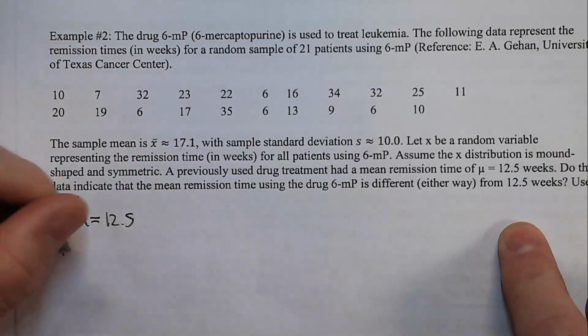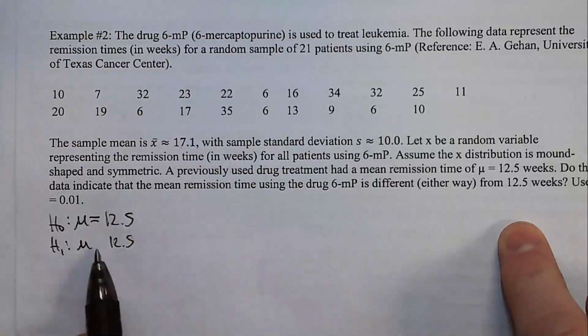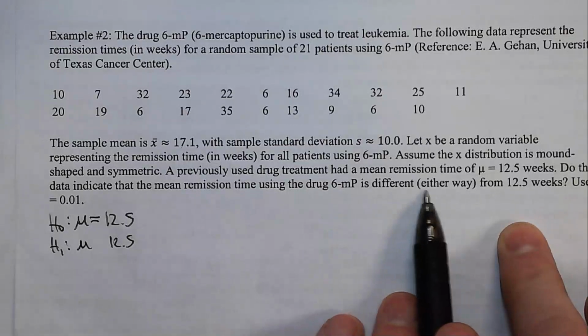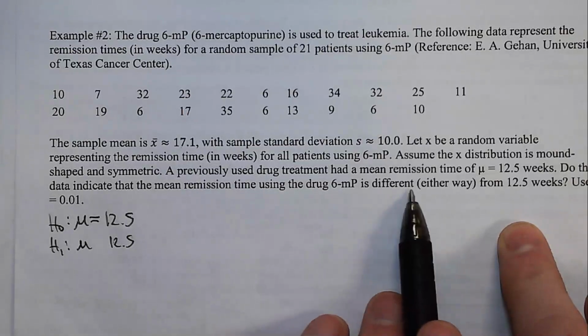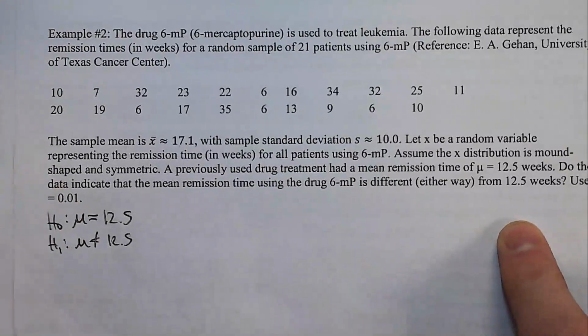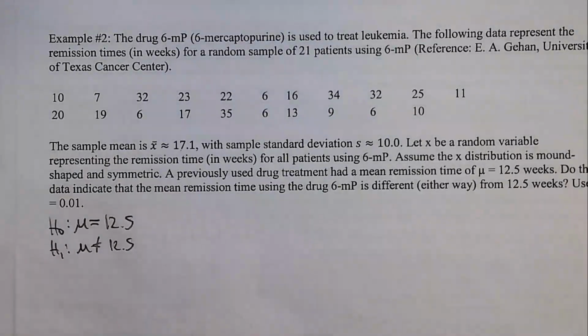H1, these two are the same. Now this could be different: it's either less than, greater than, or not equal to. What am I trying to test? Different. So different means not equal to. So there's my hypothesis.